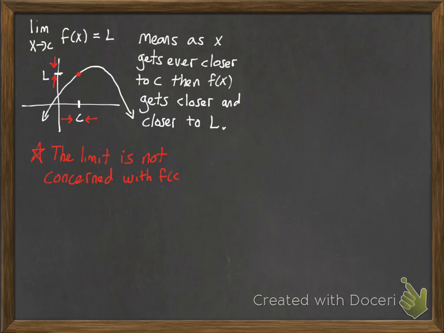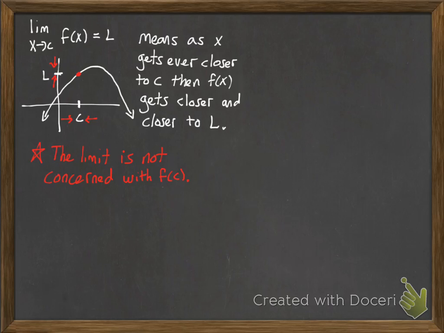But the limit is not worried about f of c. It doesn't care what actually happens at c. The limit is only worried about what happens around c. Okay, important thing. Although in many situations, we're going to find that the limit and the function value turn out to agree, and they're going to actually turn out to be the same value.